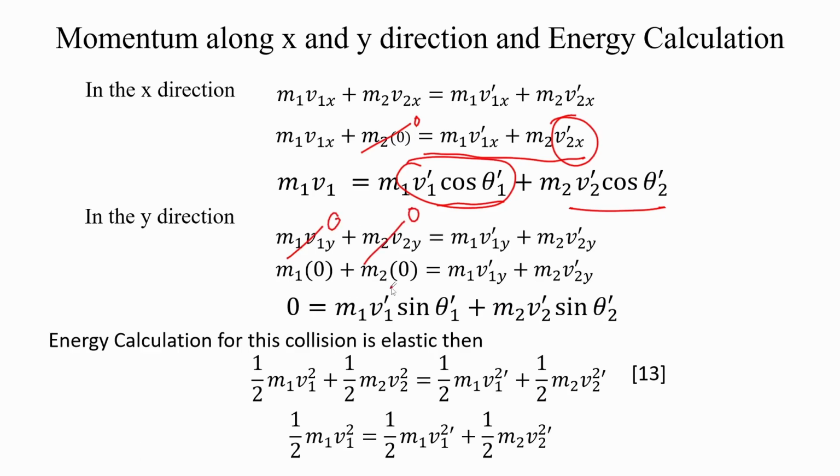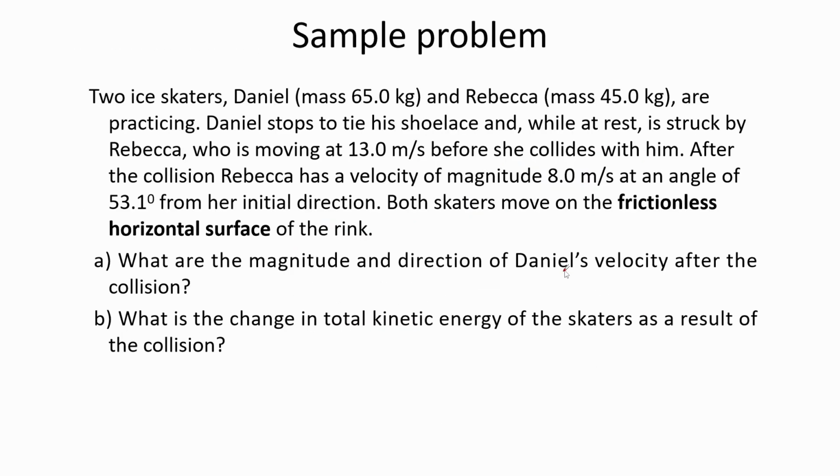Now after the collision there are y components, so m1 v1 prime y and m2 v2 prime y. So what we do is, of course, determine v1 prime y and v2 prime y.